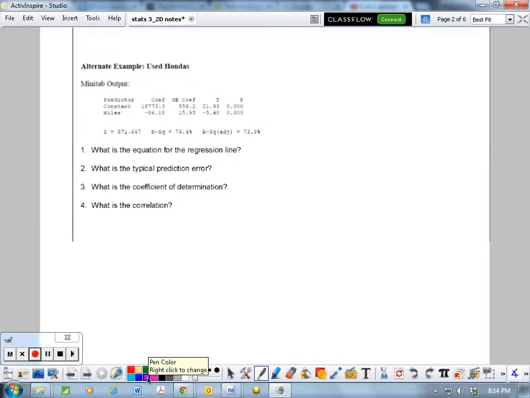So let's look at our next one. We have the used Hondas Minitab output. Same idea. Our explanatory variable is miles, and if you remember correctly, our response variable was cost. And then here's our slope, here's our y-intercept.